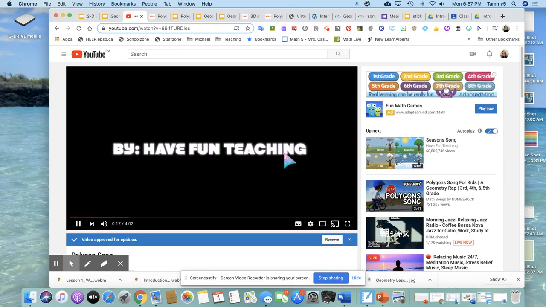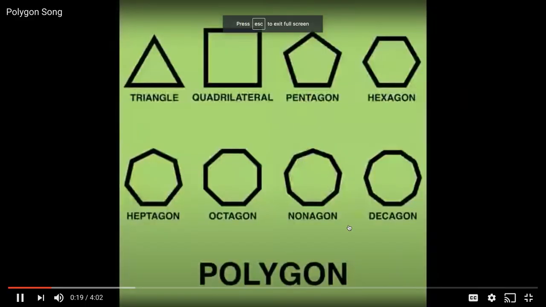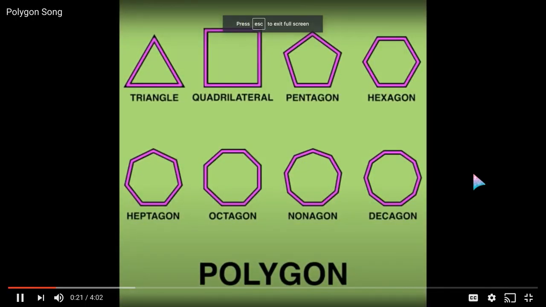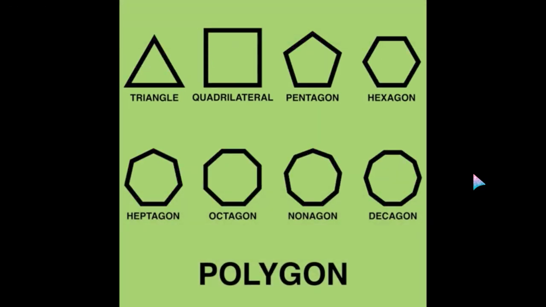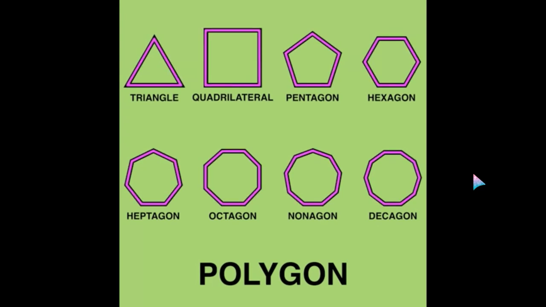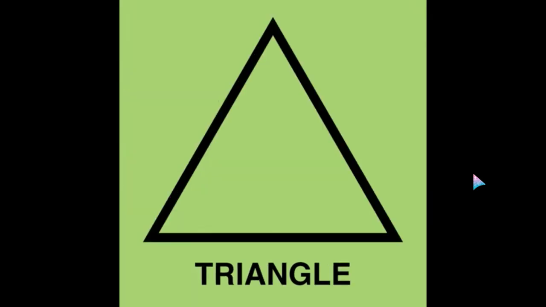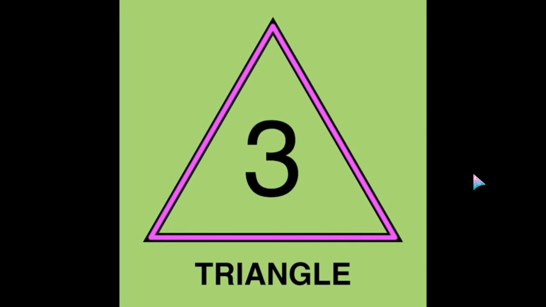So have fun watching. A polygon is a shape with lines that connect. The number of sides tells us the name of the shape. A triangle is a polygon with 3 angles, 3 sides.